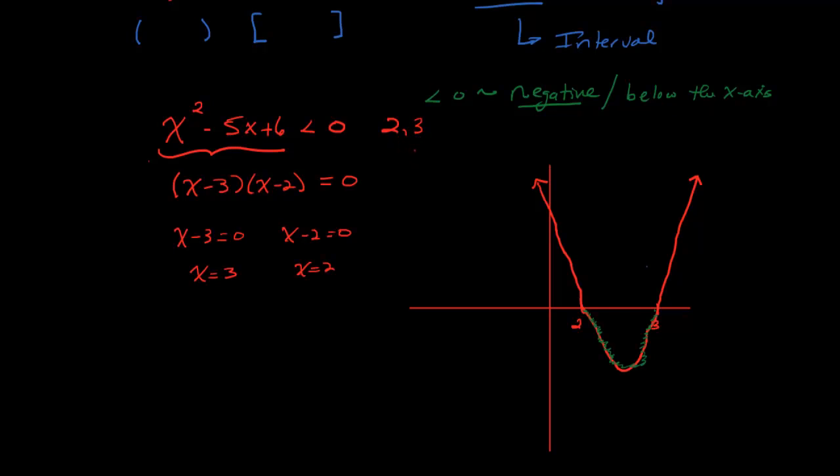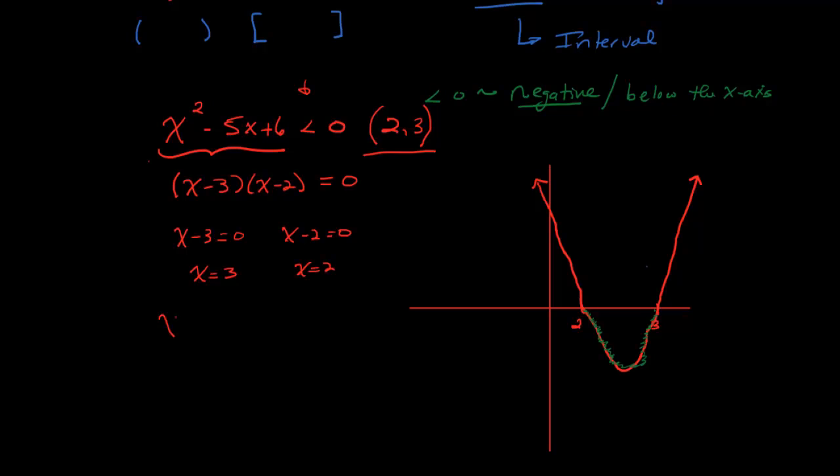However, do I include 2? No, because I just have a less than symbol. So we're going to exclude 2 by denoting a set of parentheses, and then we're going to go all the way to 3, but we're not going to include 3 either. So we enclose that with a set of parentheses. And ladies and gentlemen, that is our answer. Our answer is the interval from 2 to 3.